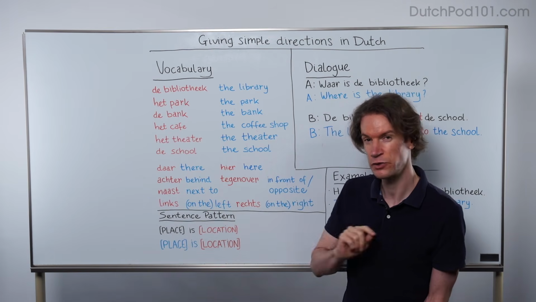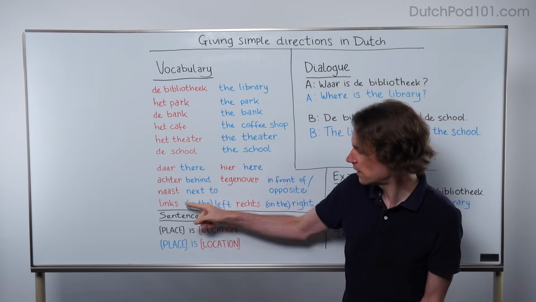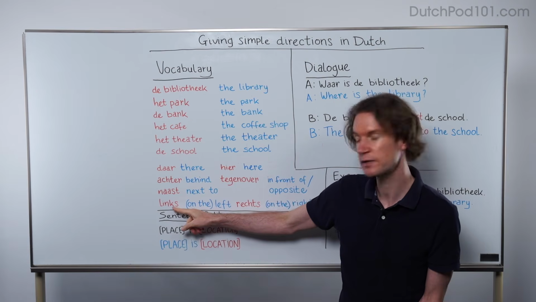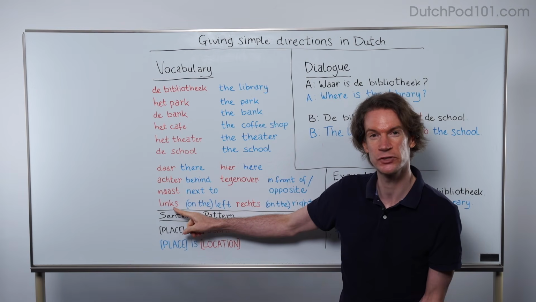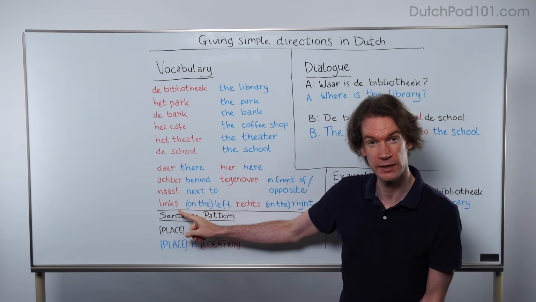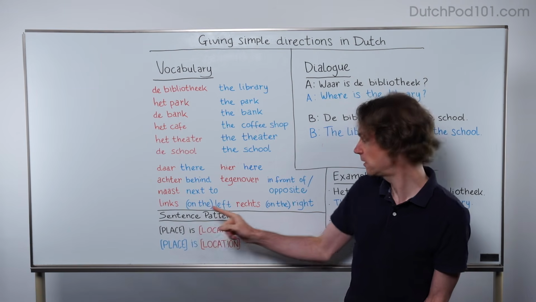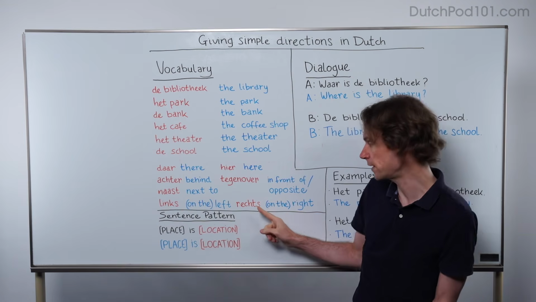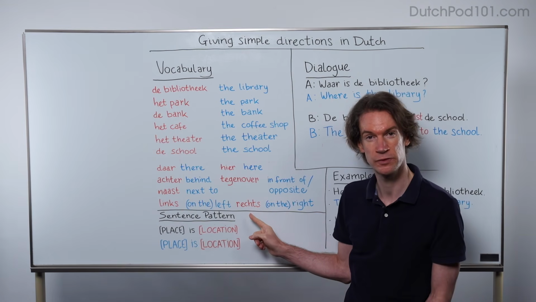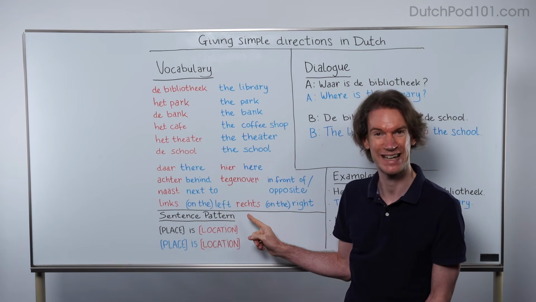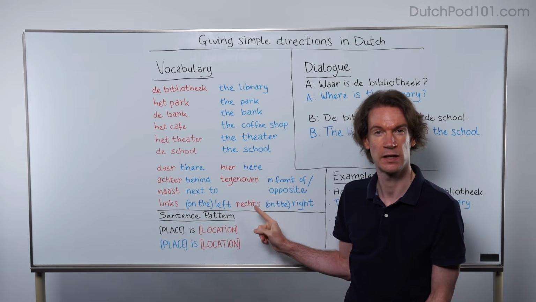Now let's look at left and right. Left or on the left in Dutch is links. And right or on the right is rechts.